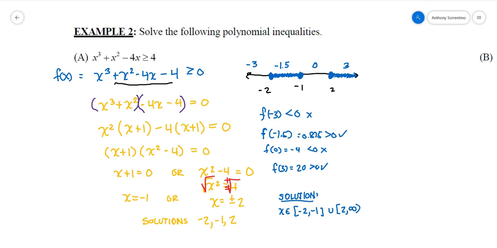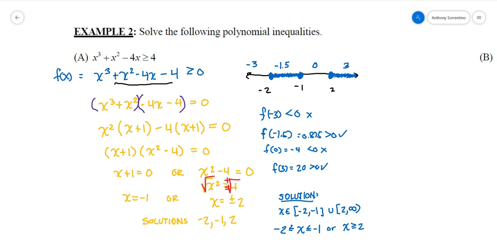Or if I write it in standard notation, I could say x is less than or equal to -1, but greater than or equal to -2, or x is greater than or equal to 2, if they have you address it in standard notation.